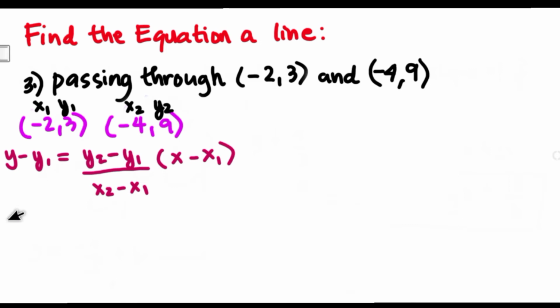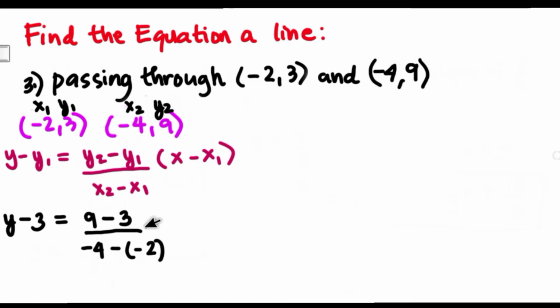So, y, copy na natin yung y, minus y sub 1 is 3 is equal to y sub 2 is 9 minus y sub 1, that is 3, over x sub 2 is negative 4, and then minus x sub 1 is negative 2. Then multiply to x minus yung x sub 1 po ay negative 2.